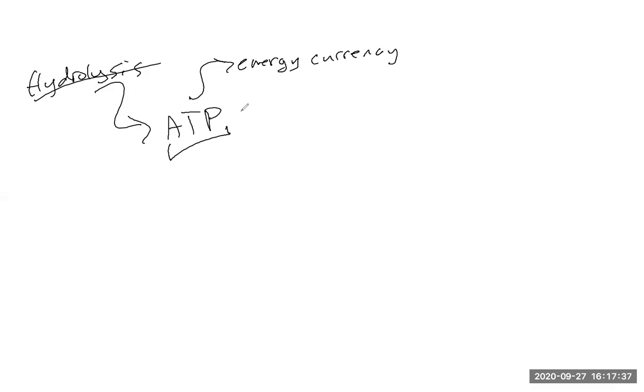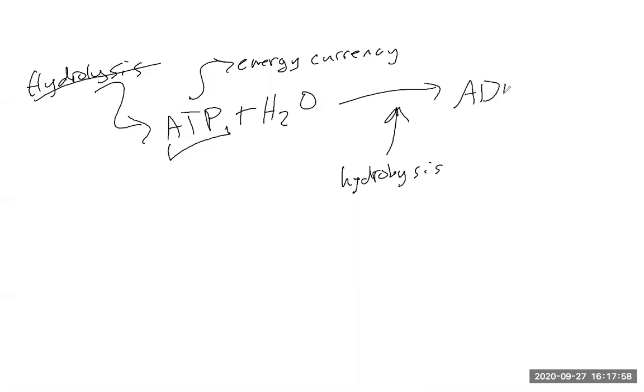So what are we going to do? Well, let's add water and see what happens. When you add water, we know that hydrolysis is happening, and it is going to break apart the ATP. In this case, it breaks it into ADP plus an inorganic phosphate. So it went from adenosine triphosphate to adenosine diphosphate.